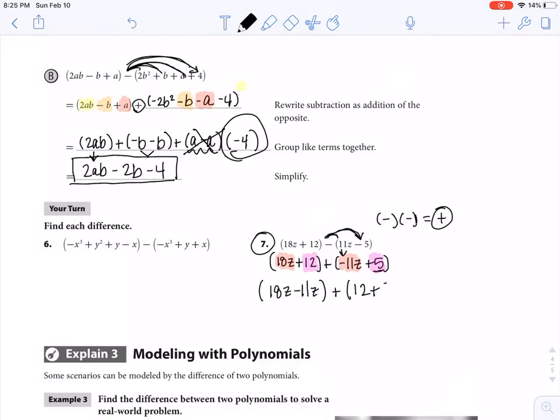So I have 12 plus 5. And now I'm actually going to simplify. So 18z minus 11z is going to give me 7z, plus 12 plus 5 is 17. And so that is going to be my final simplified answer.